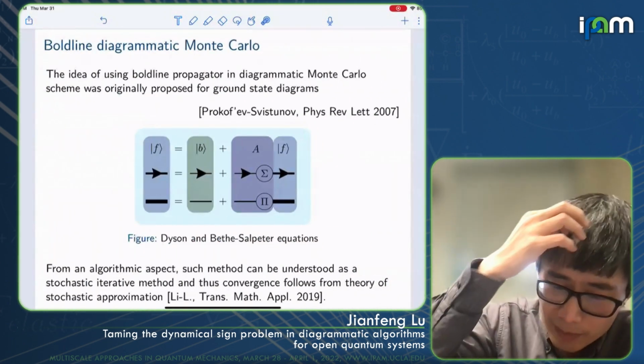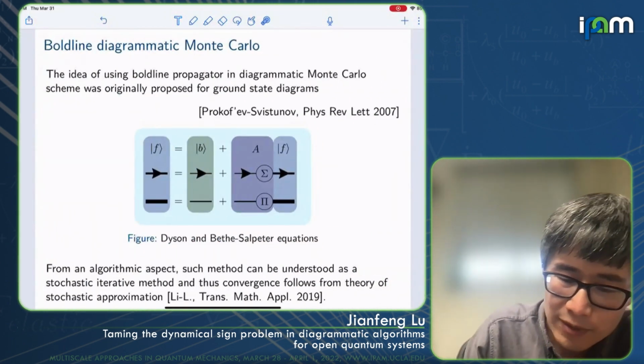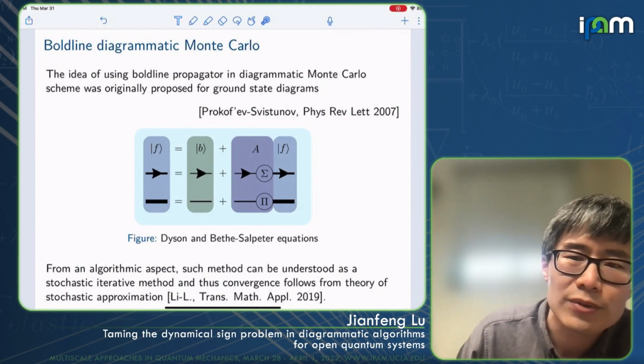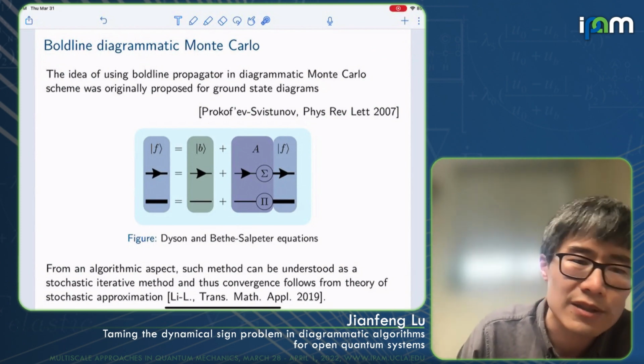Let me proceed, and let me skip this and just mention that it's very similar to the so-called bold-line diagrammatic Monte Carlo methods, even for the ground state.